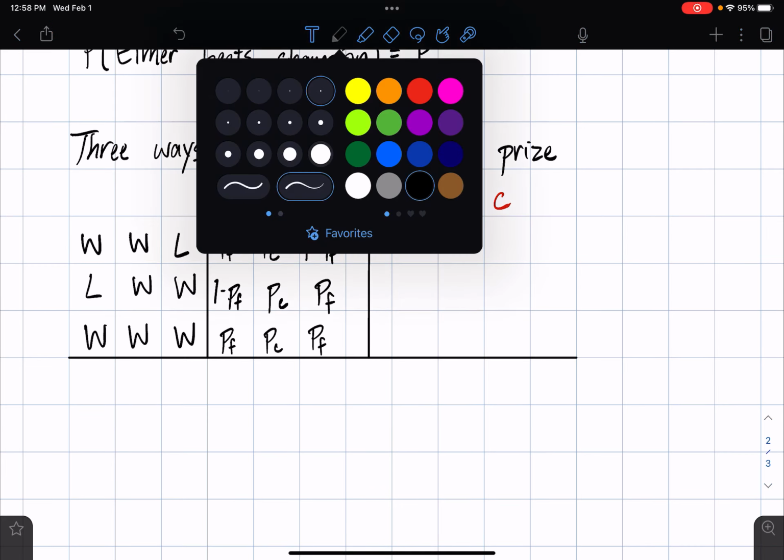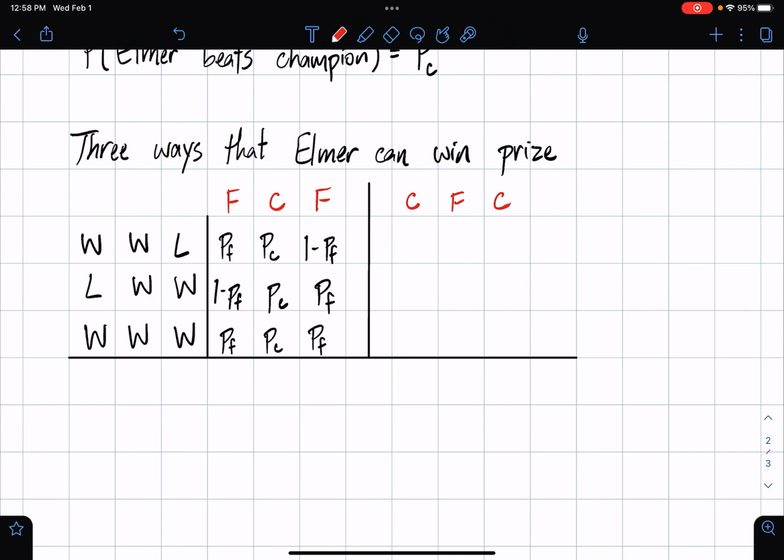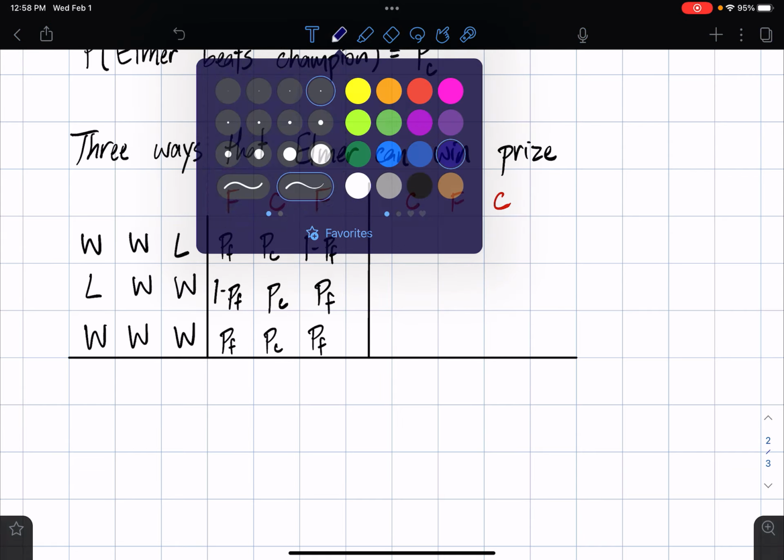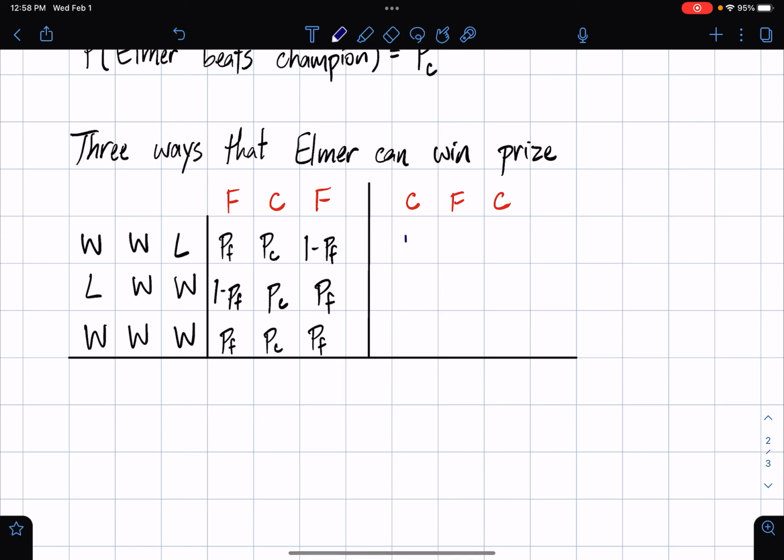Over here, we can total this up, and it's essentially similar: PC, PF, 1 minus PC. Basically, we're just switching the PCs and the PFs. And lastly, PC, PF, PC.